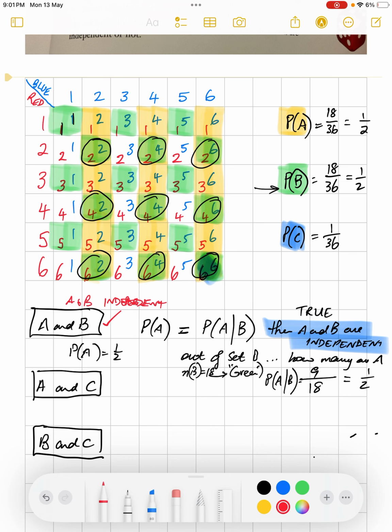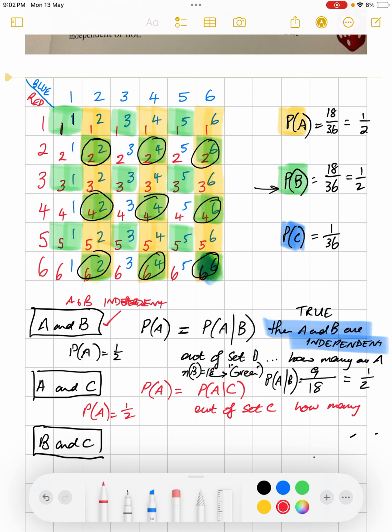Now let's try C. Does the probability of A equal the probability of A given C? Well, we already established the probability of A is a half. Now, given C, out of set C, how many are A?